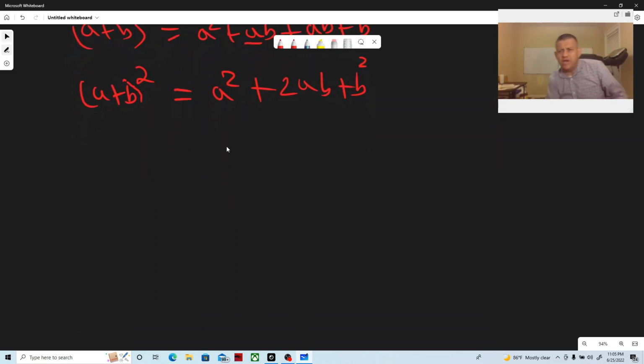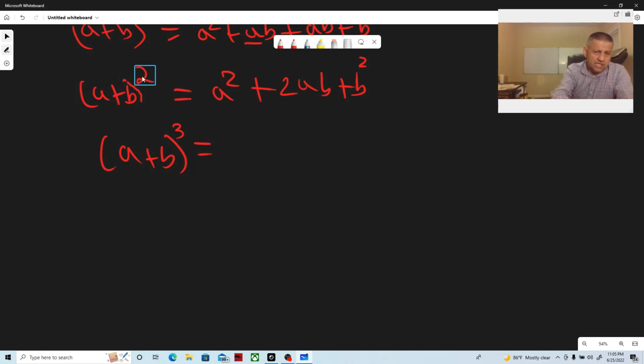So now what I can do is actually do the next one, which is going to be a plus b to the 3rd power. As you know, a plus b squared is equal to this, correct?